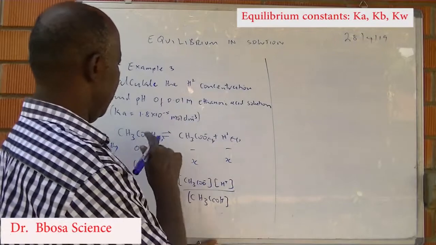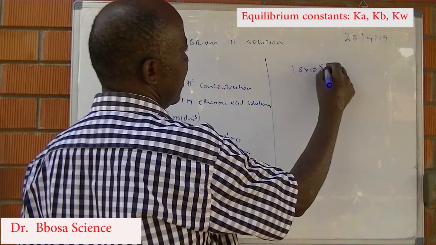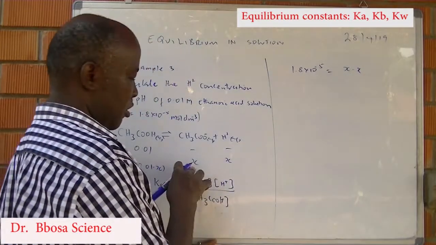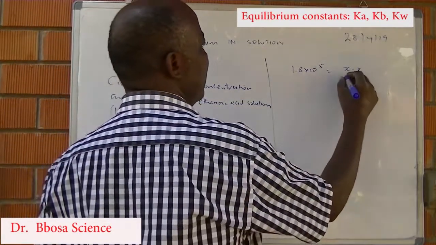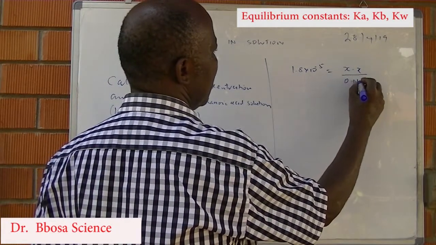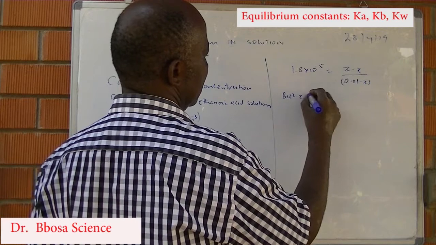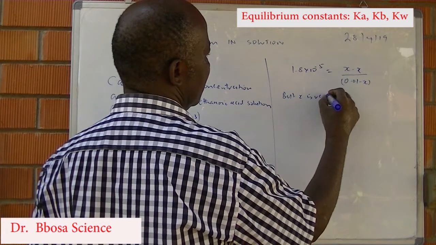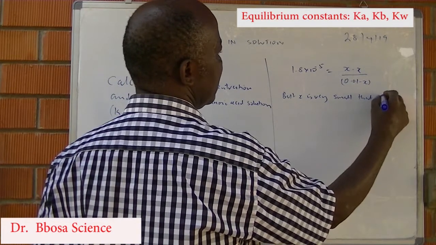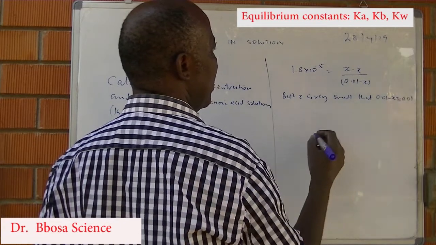But Ka is given as 1.8 times 10 to the power negative 5, which will be equal to X times X, the concentration of hydrogen ions times the concentration of ethanoate ions, over the concentration of the acid, which is 0.01 minus X. But X is very small, so that 0.01 minus X is approximately equal to 0.01.